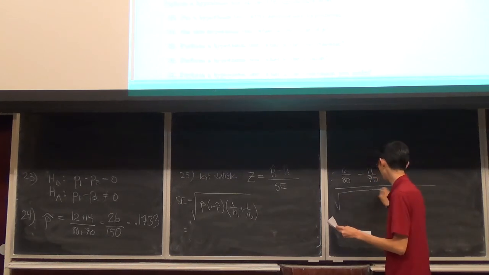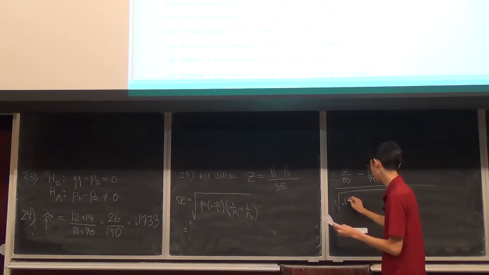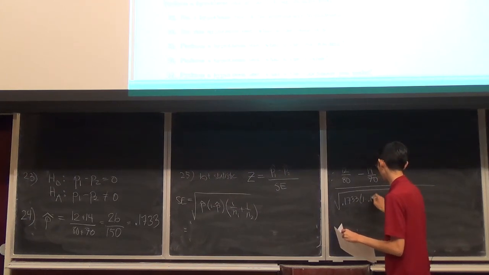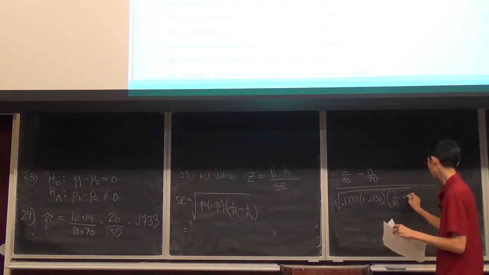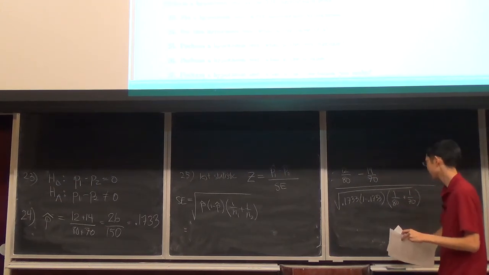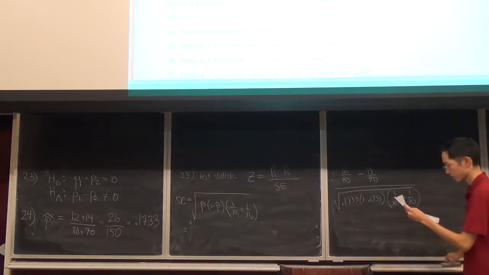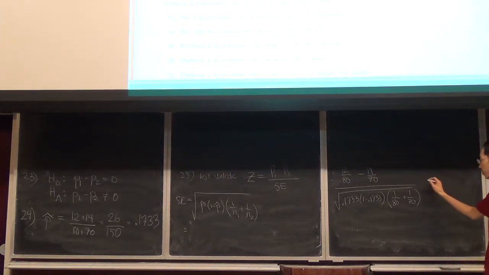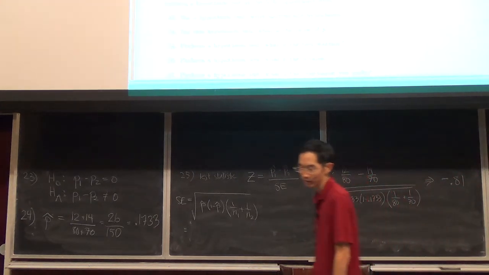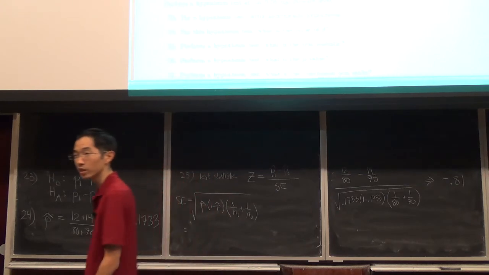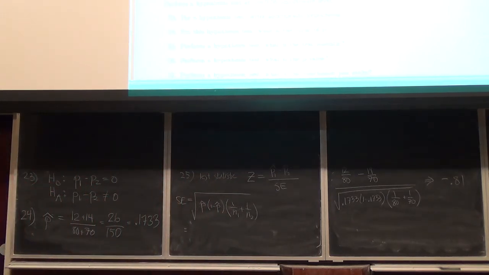And this is the standard error, so I'm going to put 0.1733 times 1 minus 0.1733 times 1 over 80 plus 1 over 70. Alright, so if you do all the math, you're going to get negative 0.81. Okay, so you're going to have to punch some stuff into your calculator to get it. Is everyone okay so far?